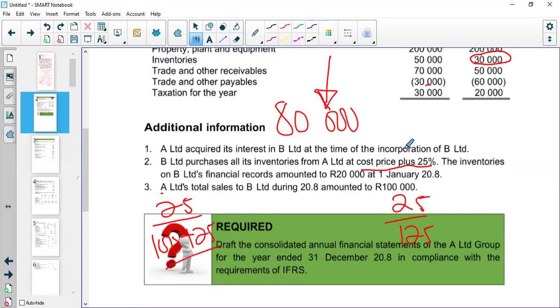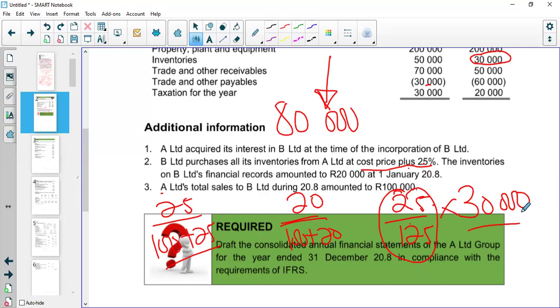If the profit was cost price plus 20%, we would say 20 over 100 plus 20. But now it's 25, so it's 25 over 100 plus 25. So the profit is 25 over 125 multiplied by the inventory, 30,000.